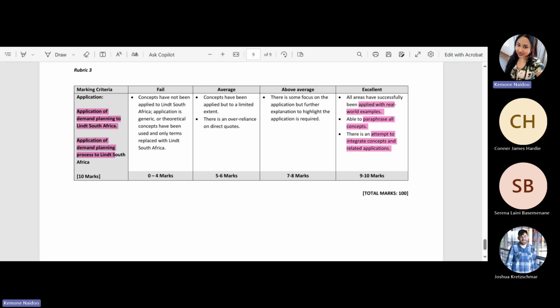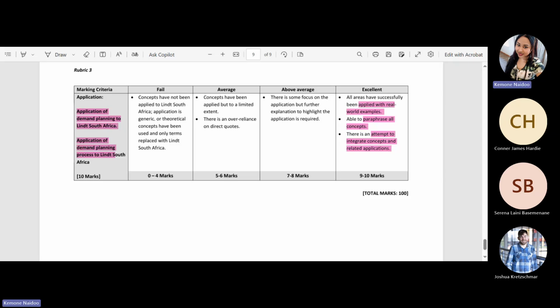And that's why I said sometimes it is easier, if you have your explanation of demand planning, to just integrate your application in that after your theory, and then have the next section, which is the steps of the demand planning, and then integrate your theory, your application. Then you don't forget to apply yourself. Okay, because sometimes what happens is if you leave application for the last, you tend to forget elements that you have to add, or you forget that you have to include both. Okay.